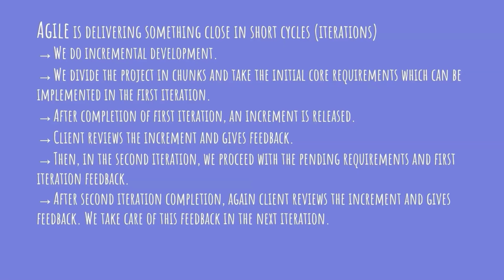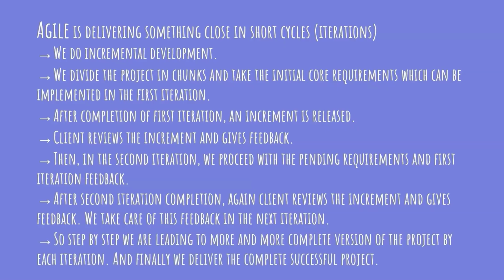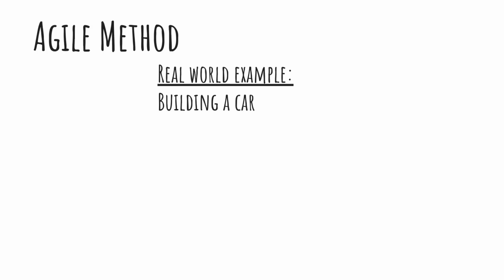After the second iteration completion, again the client reviews the increment and gives feedback. We take care of this feedback in the next iteration. So step by step, we are leading to a more and more complete version of the project with each iteration. And finally, we deliver the complete successful project.